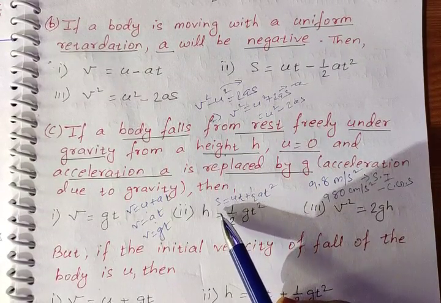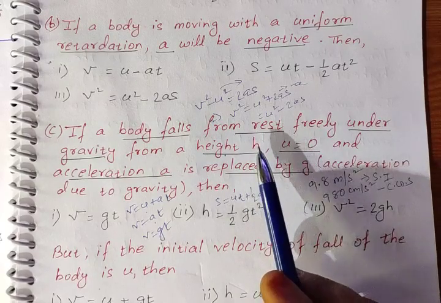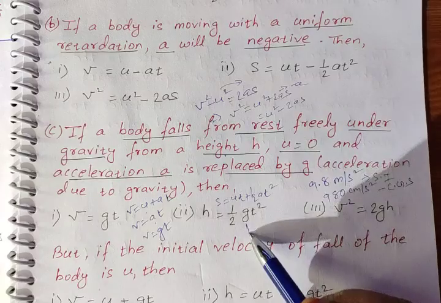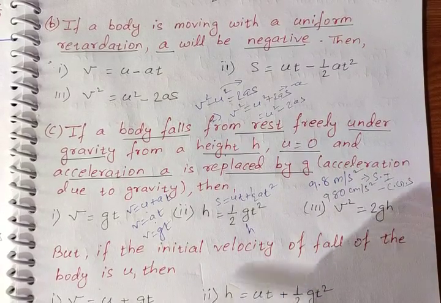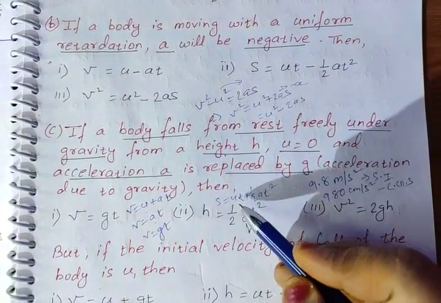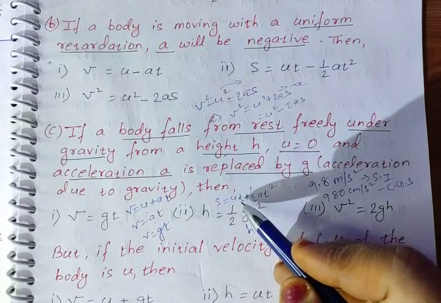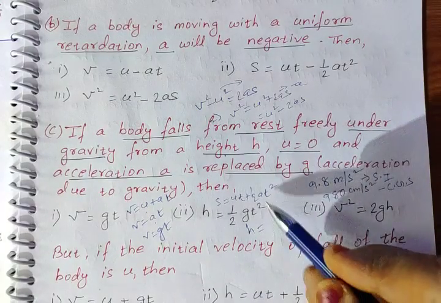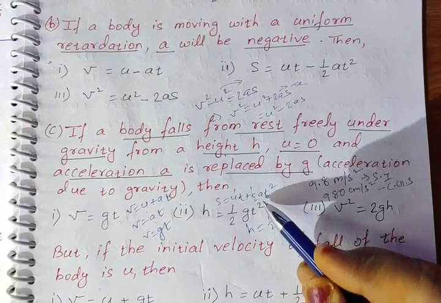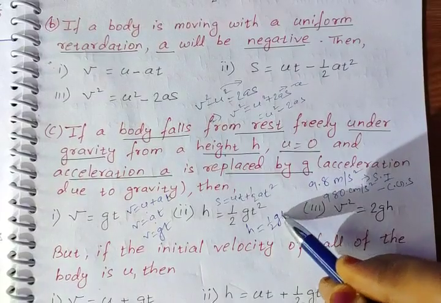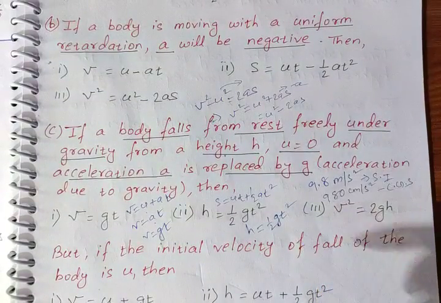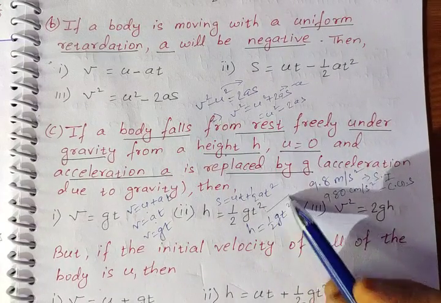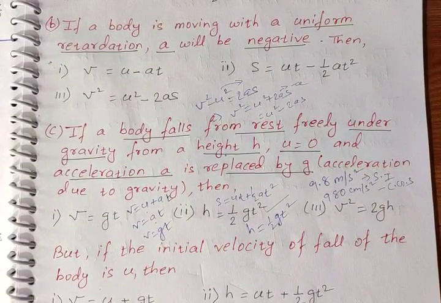Now s is the displacement, and here the displacement is the height, so s is replaced by h. First term ut, u is 0, so 0 into t is 0, the first term becomes 0. In the second term, a is replaced by g, so h is equal to half gt square.